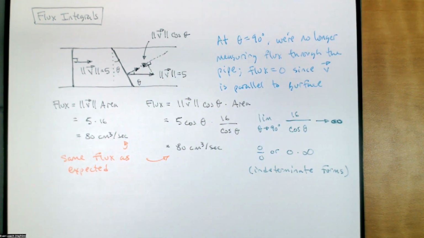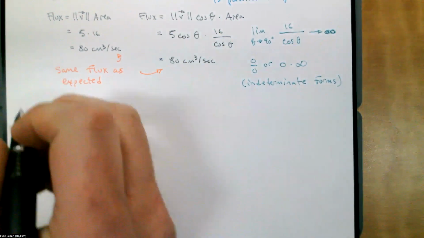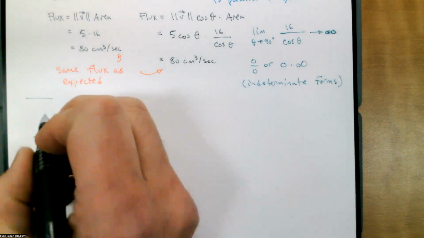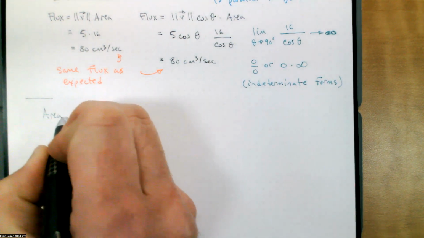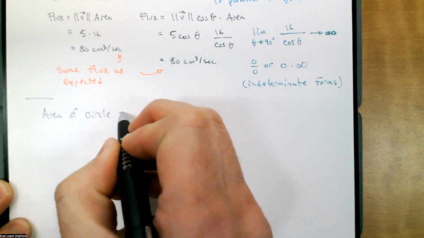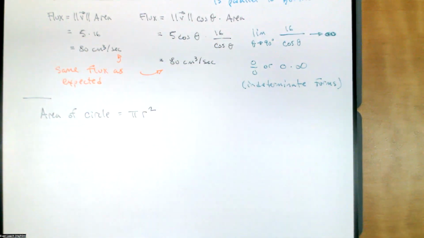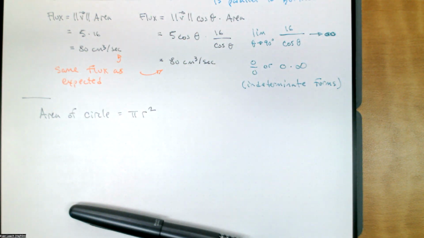So some of the other interesting things that come up that are adjacent to this is taking a thing that we know, the area of a circle is pi r squared.